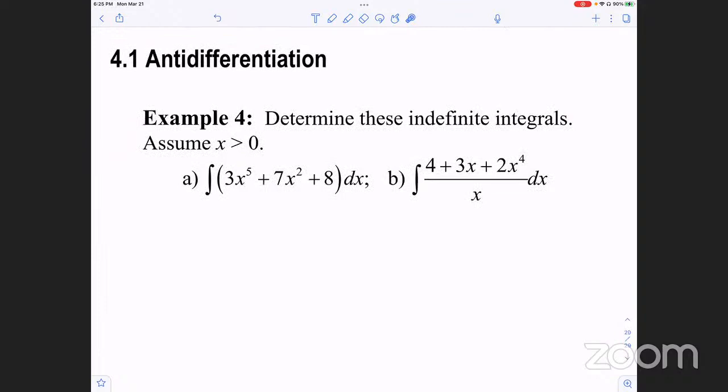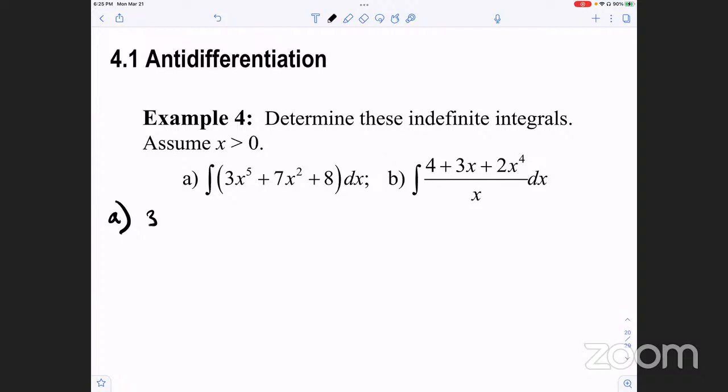Definite integrals, assume that x is positive. Okay, let's start with A. I'm not going to write the original. So we could break these apart into 3 separate integrals. I'm just going to work them each individually, right? So x to the 5th, we add 1, it's going to become x to the 6th.